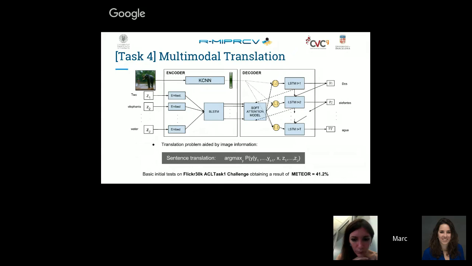So I guess it would be interesting to measure what's the gain that you get from having the image. Well, I don't have the numbers here, but in this case it's not very much. In the other one it's better, but it depends on the data set.